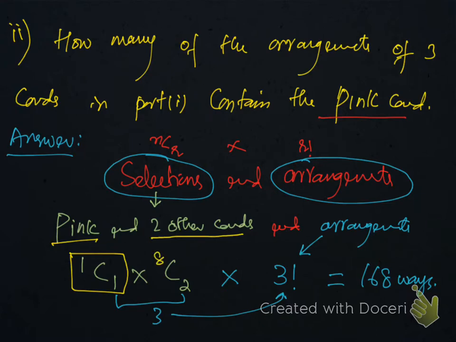So it is 8C2. Well, we have selected 3 cards. Since there were no restrictions in the arrangement, write 3 factorial here. The restrictions are only with the selections and the arrangements are at random. So this 3 factorial is for the arrangements of these 3 cards.